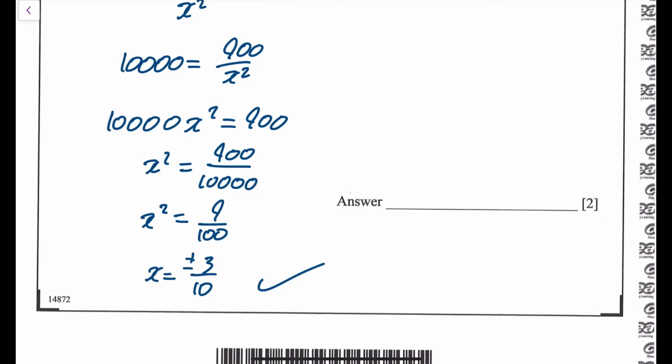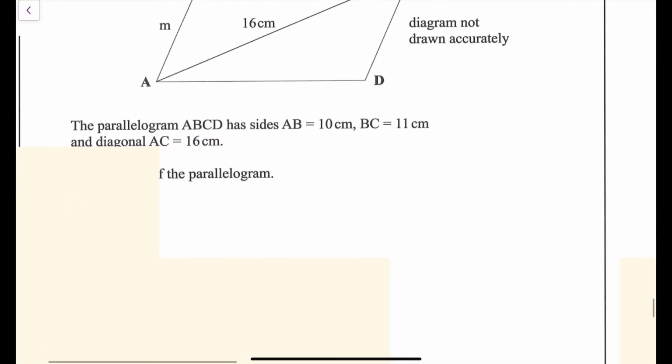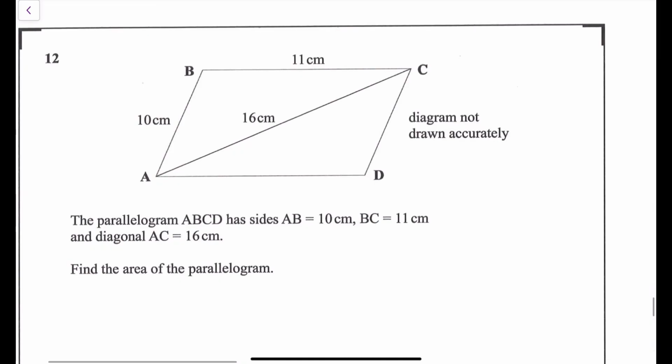Apologies, I need my plus or my minus there as well, so it's plus or minus 3 over 10 would work. Okay, right, next one, almost there.